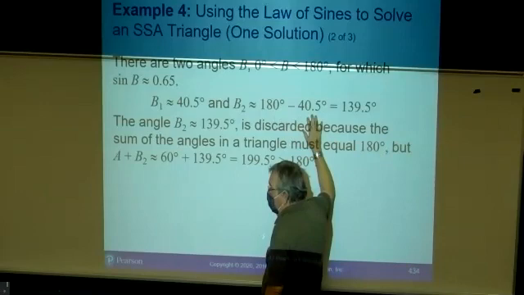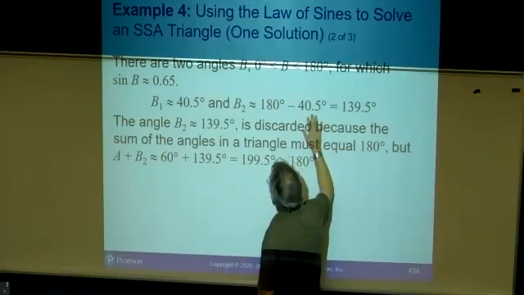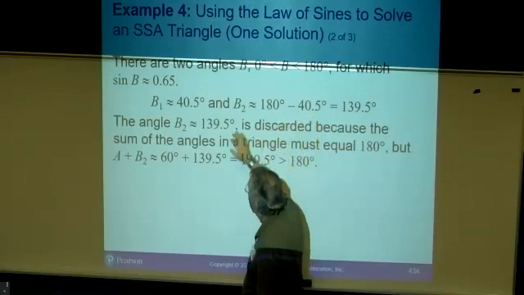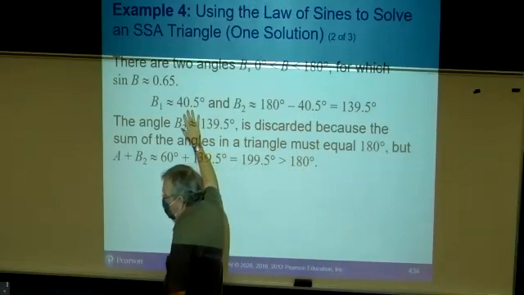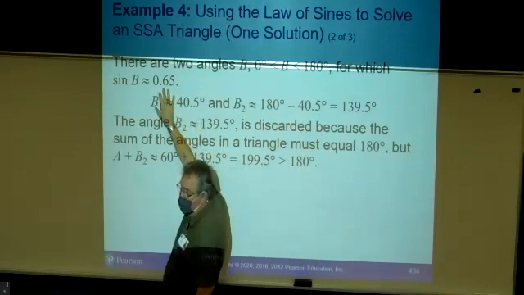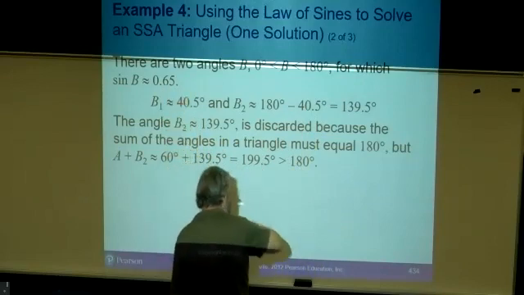Where did you get that from? Where did you get the number? The 40.5? Oh, this, the 40.5, yeah. Where did that come from? Sine inverse of this number. They didn't show it, they should have.